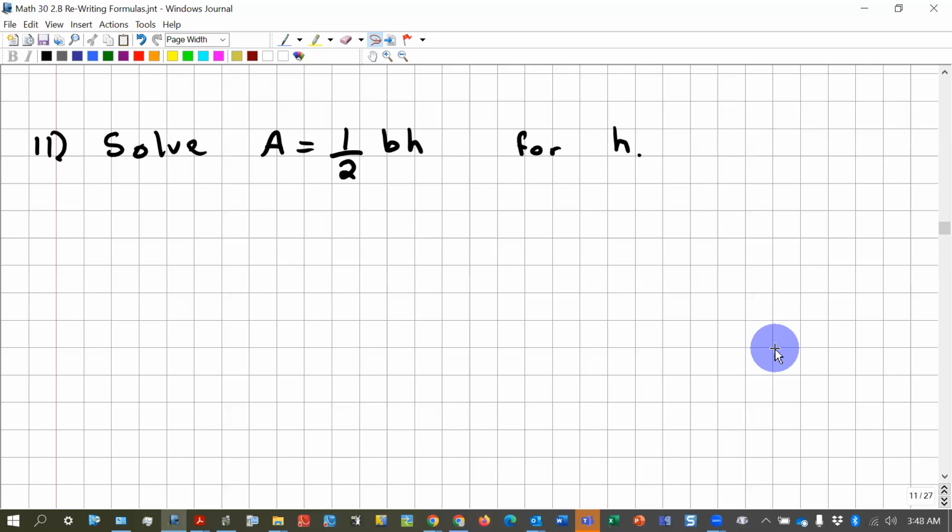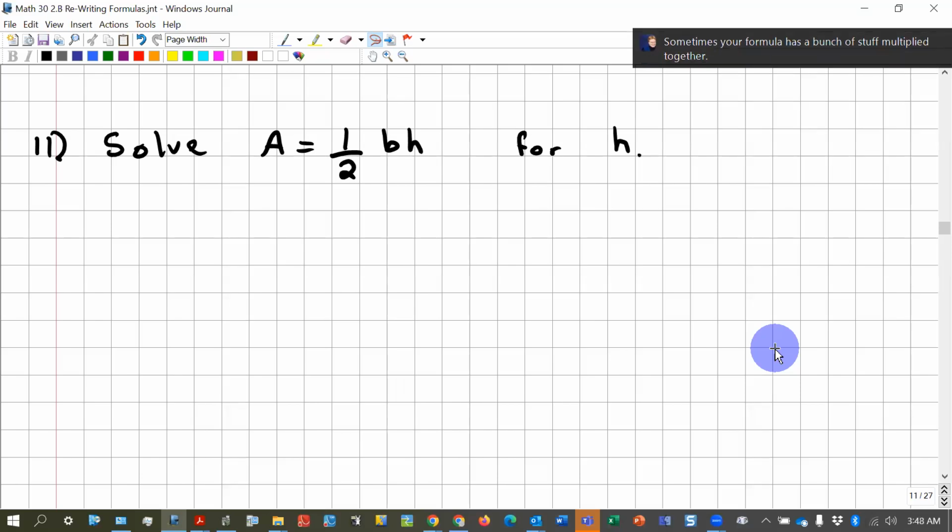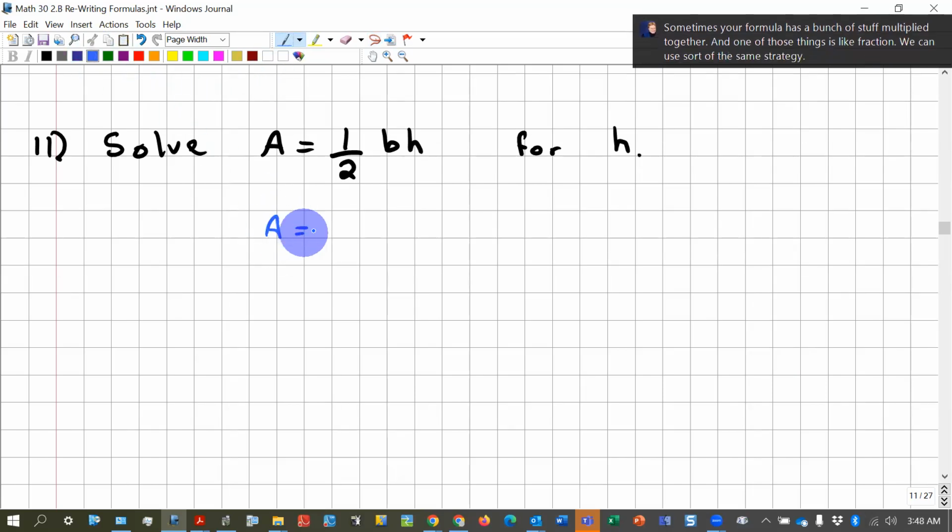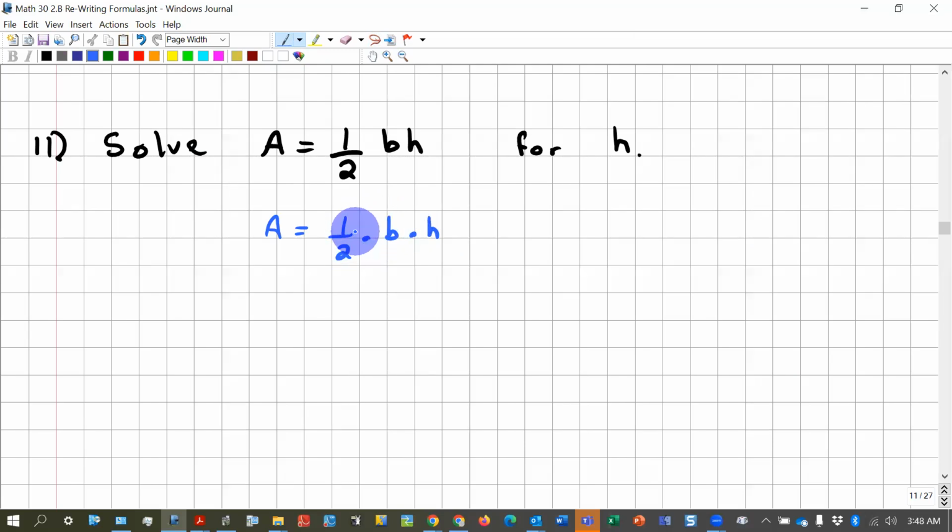Sometimes your formula has a bunch of stuff multiplied together, and one of those things is a fraction. We can use sort of the same strategy we just used. We can think to ourselves that h is being multiplied by b and then being multiplied by 1/2.